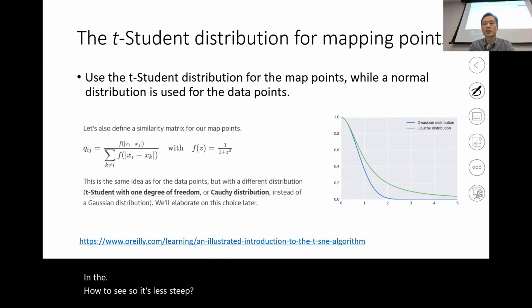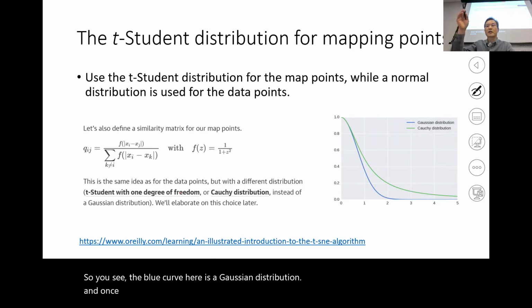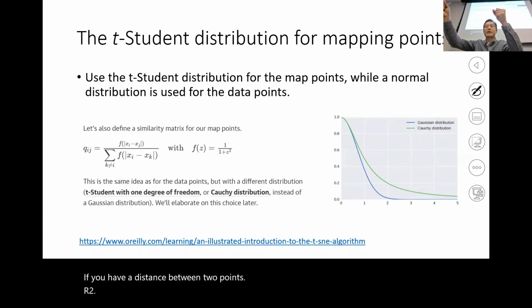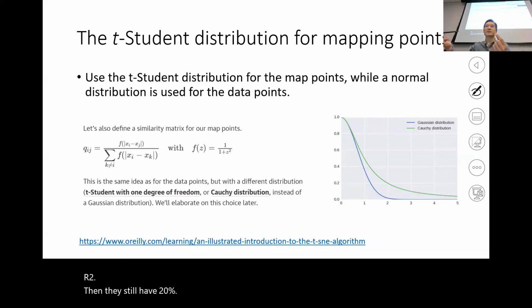You see the blue curve here is Gaussian distribution. Once you're above a distance of 2 in this case, it's unlikely these 2 points are neighbors. But according to t distribution, if the distance between 2 points is 2, then they still have 20% to be neighbors.